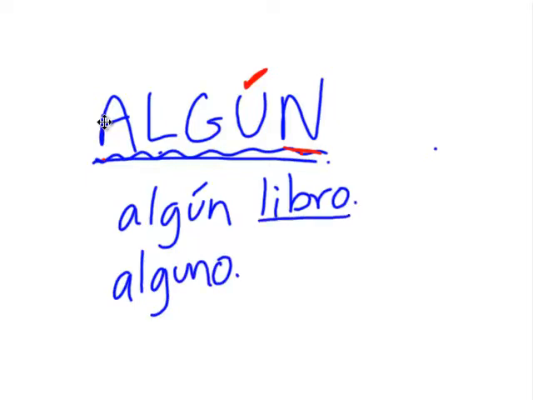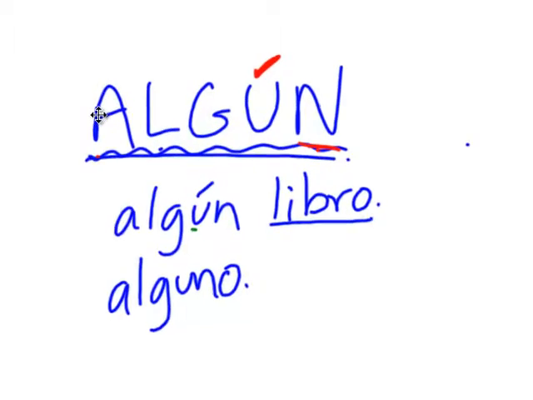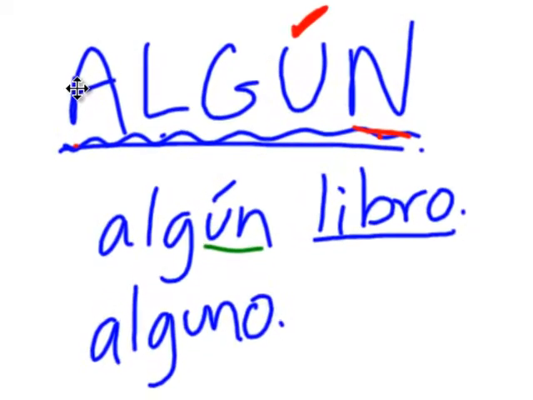When there's a noun, see that part that looks like the un we did before? It's still there. When there's a noun, algún. When there's no noun, alguno. Okay. ¿Algún libro? Alguno. Sí, hay alguno. Alguno, por ahí.